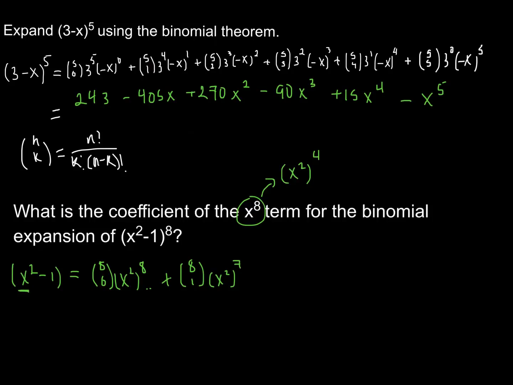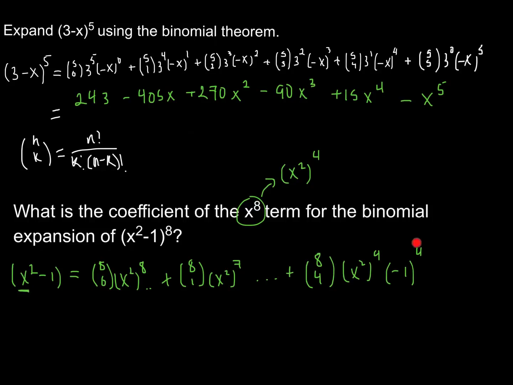So here I have the 8th, the next one would be the 7th, and so I could think about continuing onward, and finally I'm going to get to the 4th. So it's going to be 8 choose 4, x squared to the 4th, and then I also have negative 1 to the 4th.